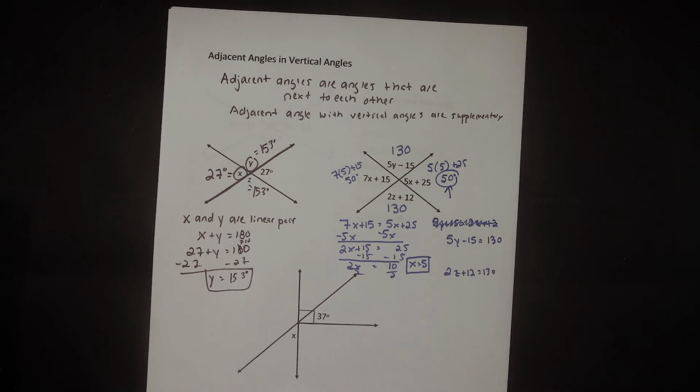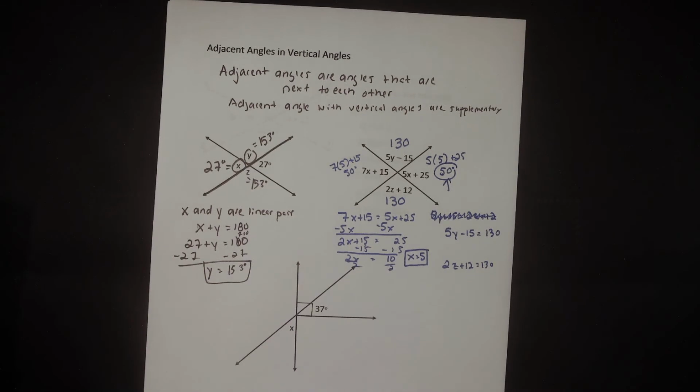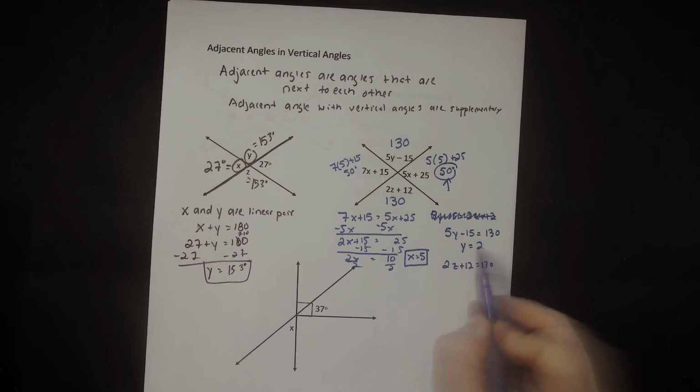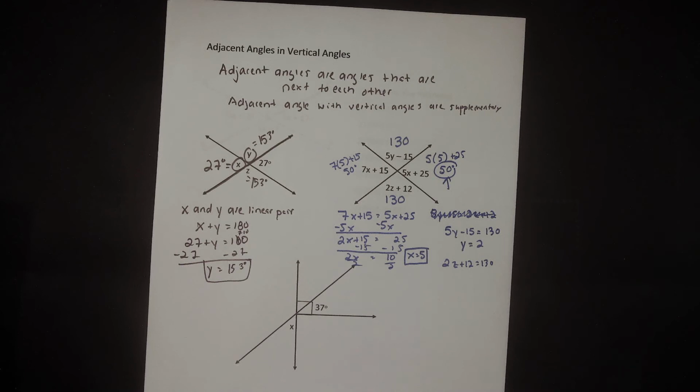This is kind of the time when I start telling my students they need to do the solving of the equations themselves. So I think I'm just going to solve this one real fast in my head. I got 145, and 145 divided by 5, let's see, that would be 29.